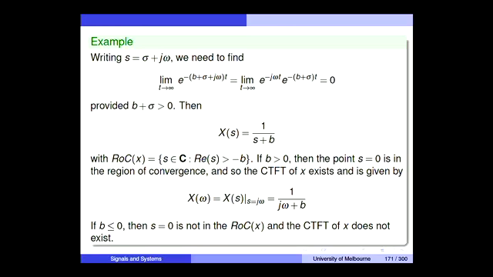I can find the relationship between the Fourier transform and the Laplace transform. It's very easy to say: if you write s as sigma plus j omega and let sigma be 0, it will be my Fourier transform, under the condition that the Fourier transform exists. Does that make sense? Okay.